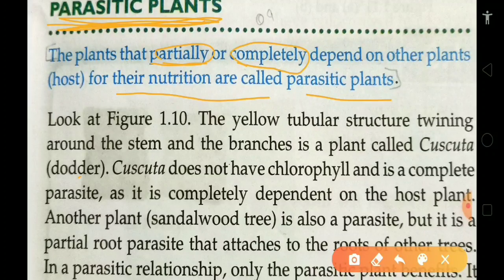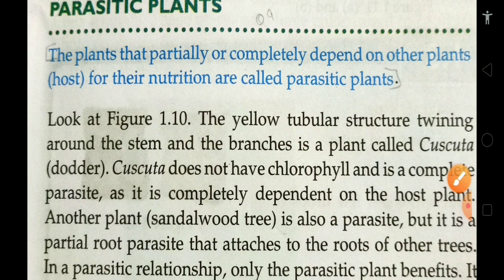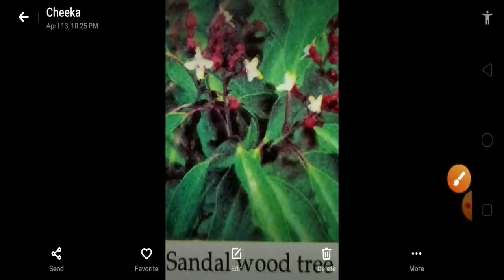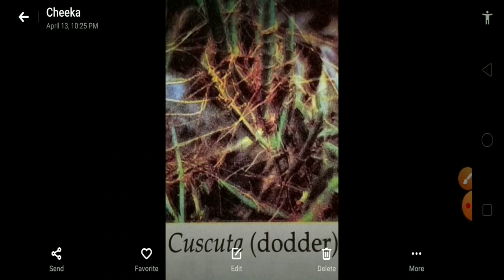Okay, so you have seen that this is cuscuta, and in cuscuta you will see only a thread-like structure. This thread-like structure is known as cuscuta, or the second name is dodder.